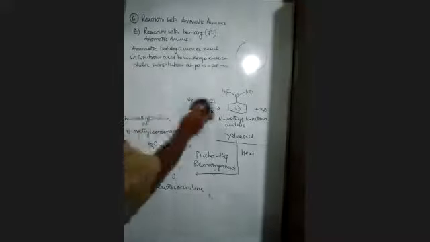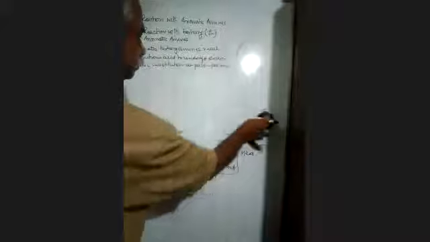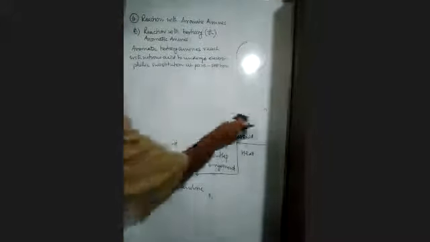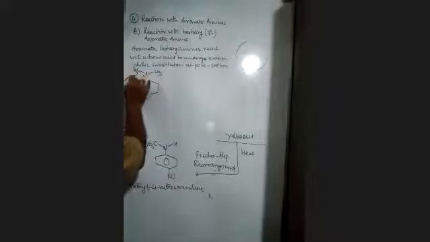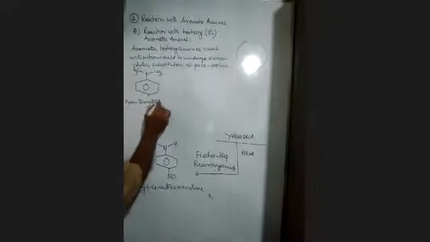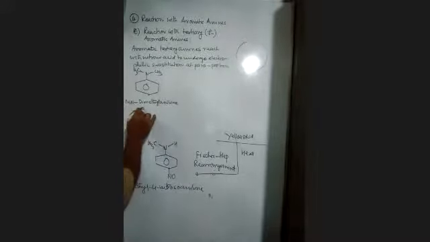So what is going to happen now? See here. So I'll write like this. It's not going to form salt. Okay. So it is N,N-dimethyl aniline or benzenamine. So this is tertiary.